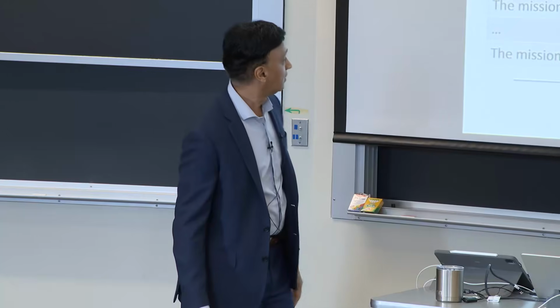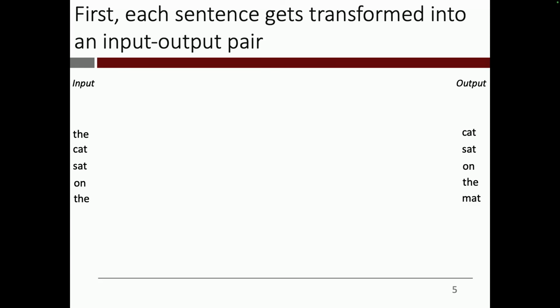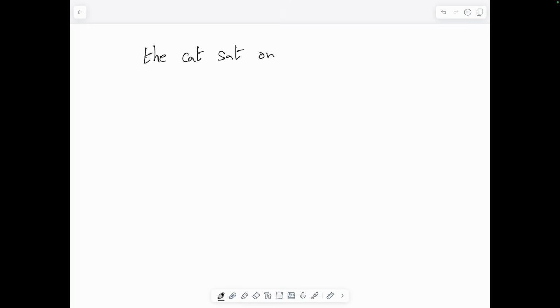Okay? So this is what we have. If you take the phrase, the cat sat on the mat, what you might want to do is say, okay, this is the input "the," and the output is "cat."